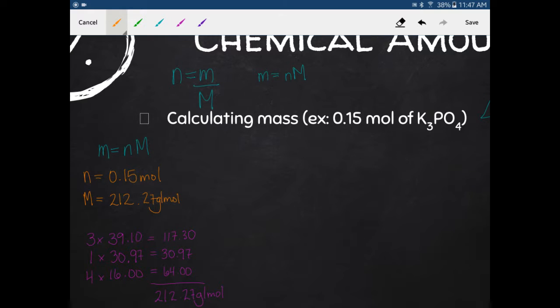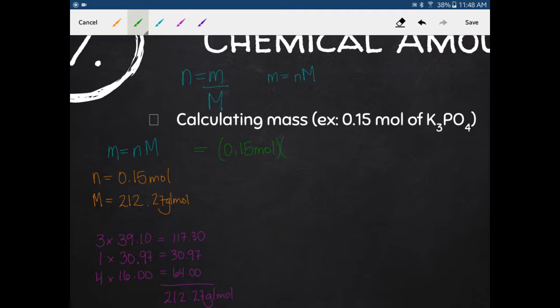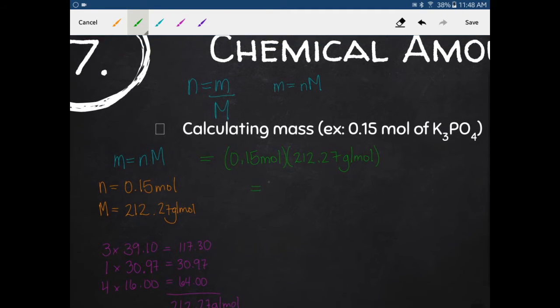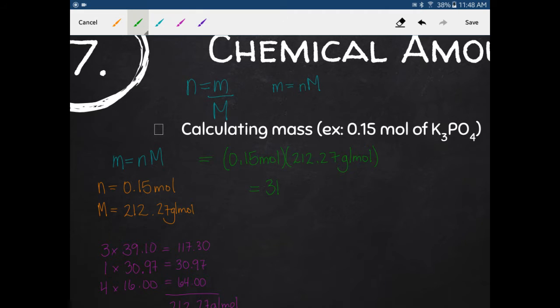Okay, so when I go to plug this into my formula, I have my moles times my molar mass, so I have my 0.15 moles. Multiply that by my molar mass, which is 212.27 grams per mole. And that will give me an answer of 31.8 grams.